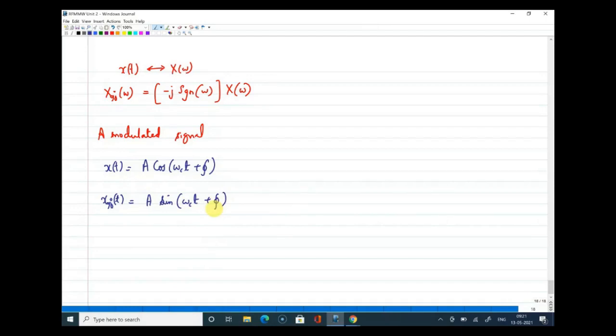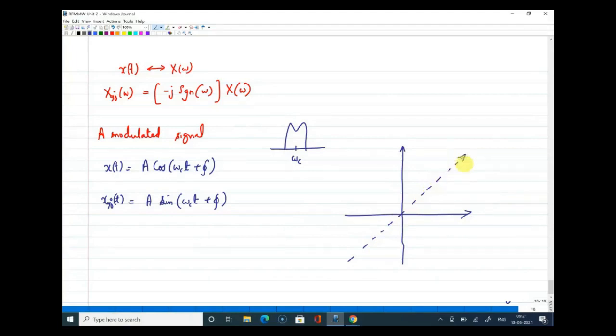So why did I mention the modulated signal here? We usually represent a modulated signal with this. Now if I try to represent this with the imaginary and real terms, how we will draw is: this is your omega axis, this is the real axis, and this is the imaginary axis.